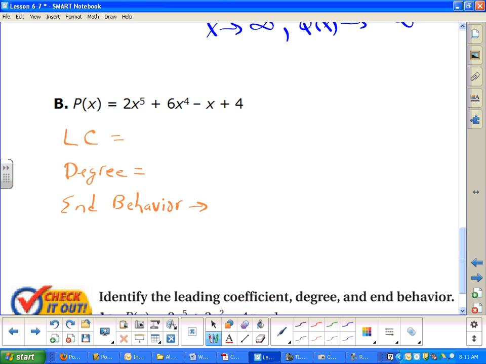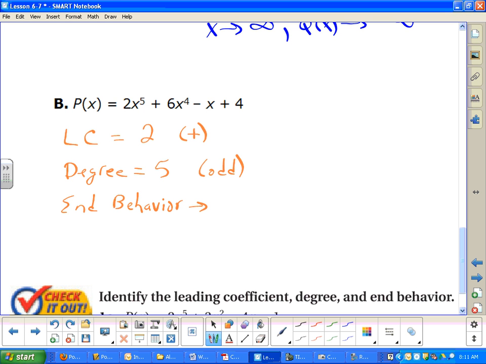Right, so what's the leading coefficient in this case? 2. Okay, so it's positive, right? All right, the degree in this case is 5, and that tells us that it is odd.